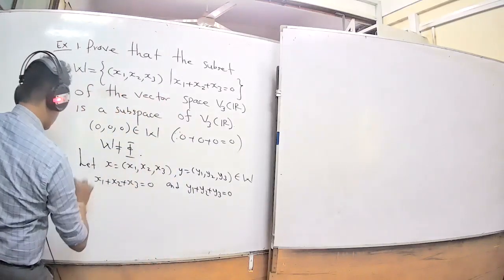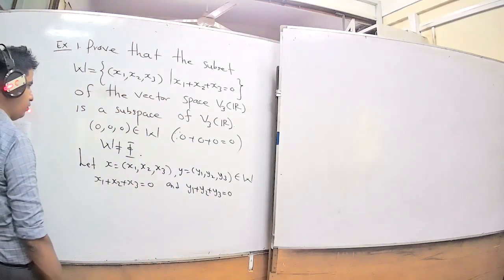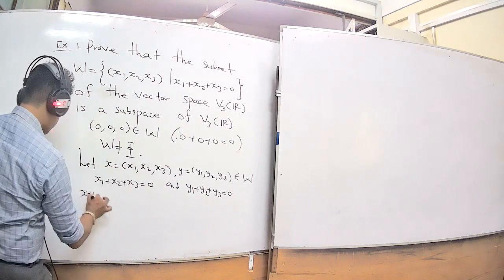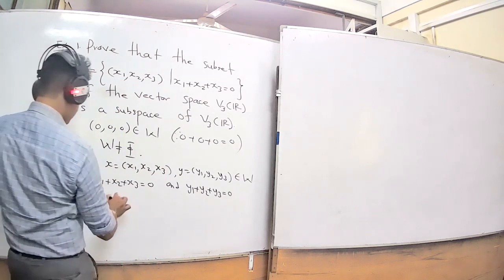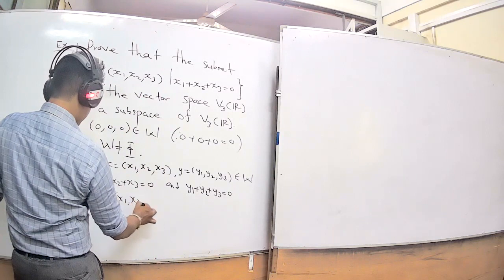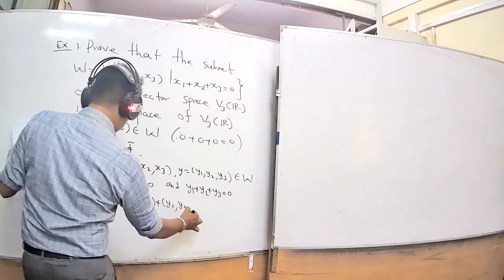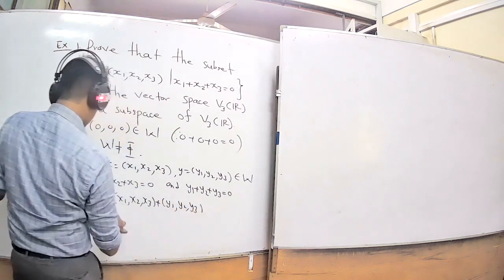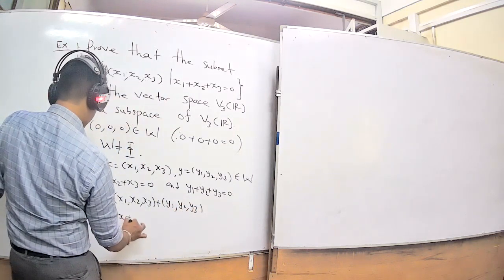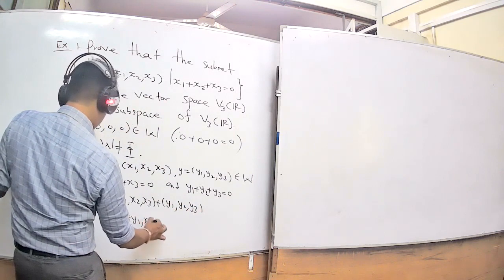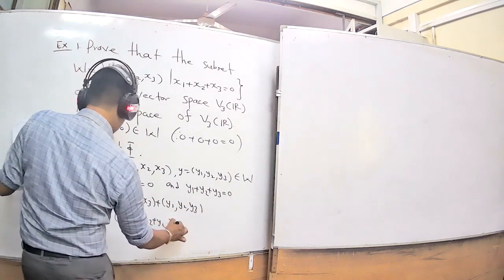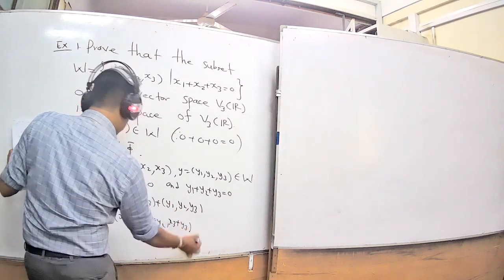Now we want to show that x plus y also belongs to W. So x plus y is (x1 plus y1, x2 plus y2, x3 plus y3).